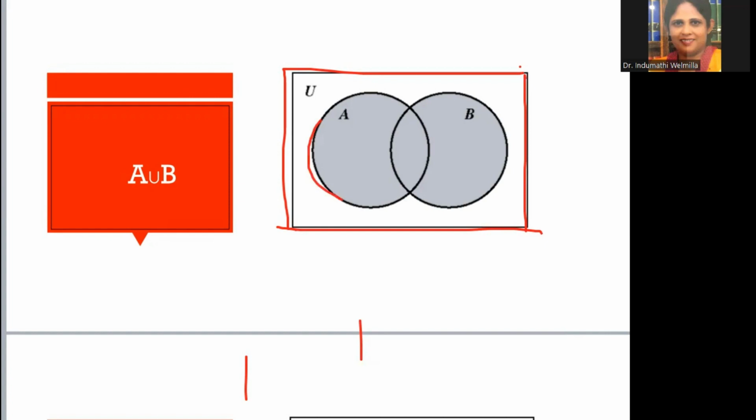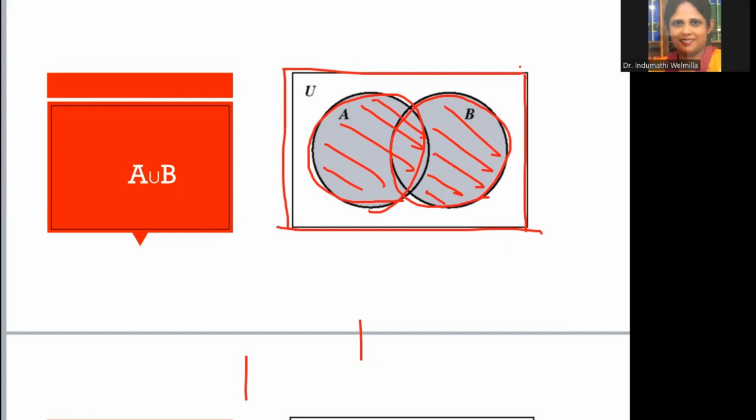This A is one set, B is another set, and the union is the colored area. That means this is the area relevant to A union B.